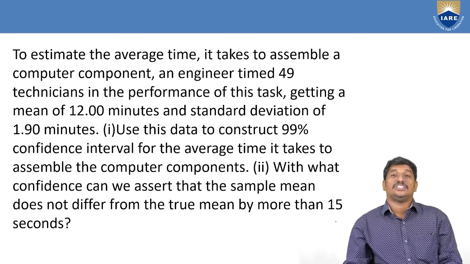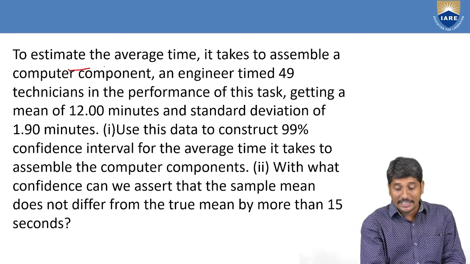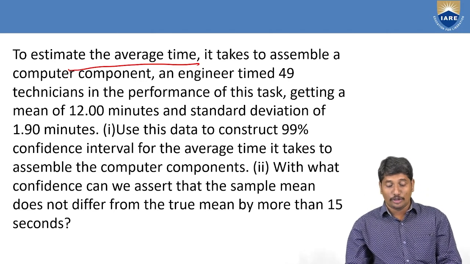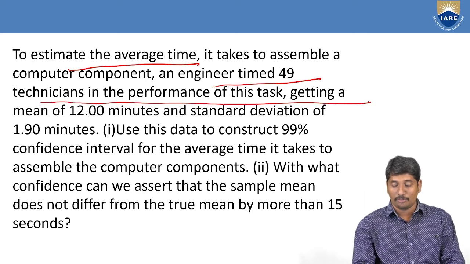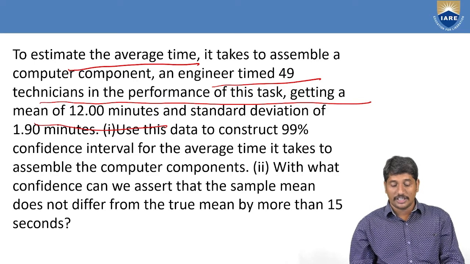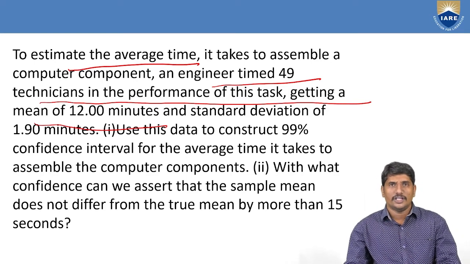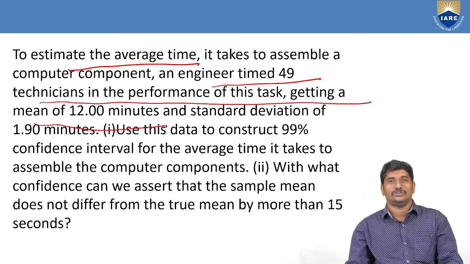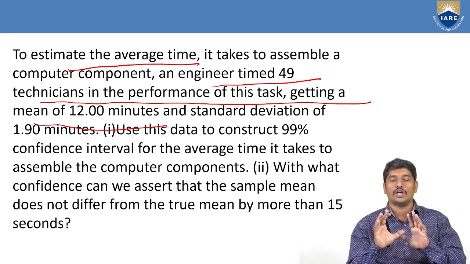Okay, now we will understand these things with the help of a problem. To estimate the average time it takes to assemble a computer component, an engineer has timed 49 technicians in the performance of this task, getting a mean of 12 minutes and standard deviation of 1.9 minutes. Suppose you are working in a computer software company and they require you to know the hardware things also.